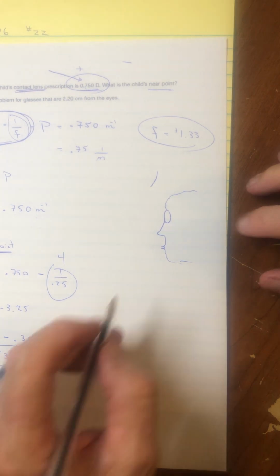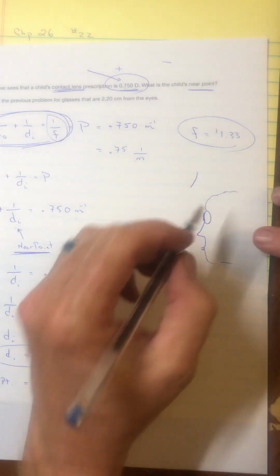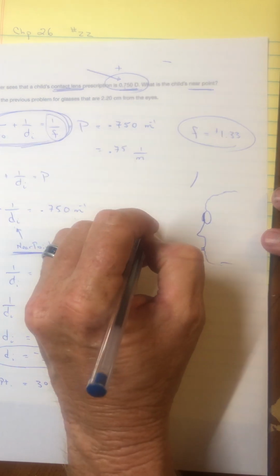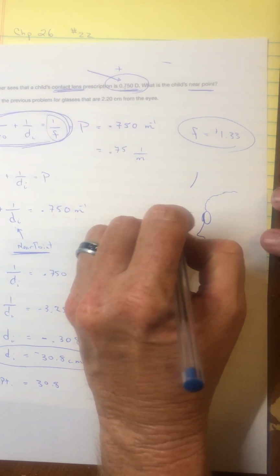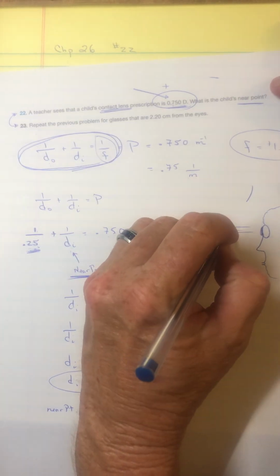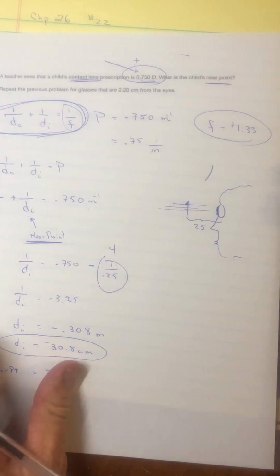Terrible picture. And the contact lenses, which is real important, especially as we go to the next problem, 23. The contact lenses are right on the surface of the eye. And so the light's coming in, and we're talking about holding an object 25 centimeters away.